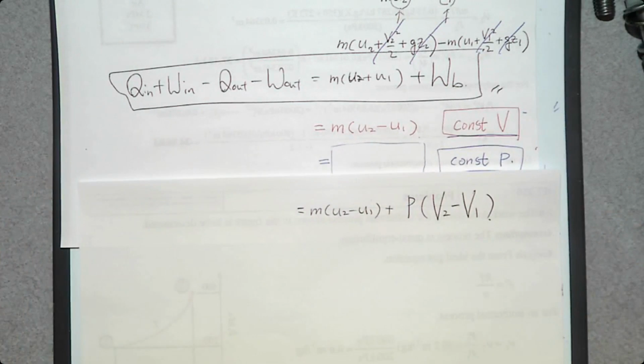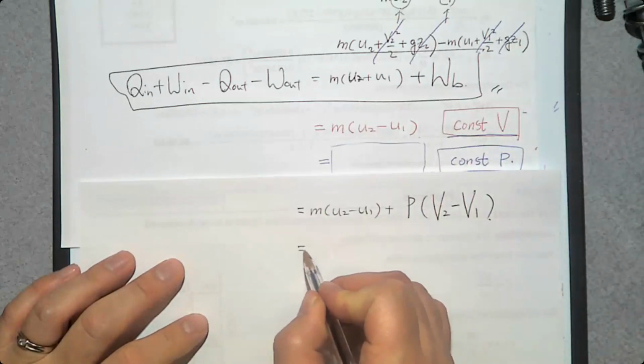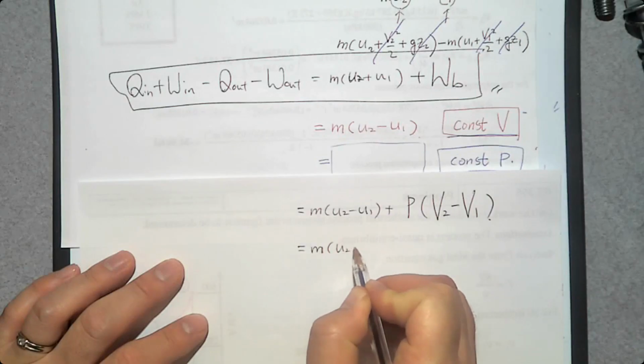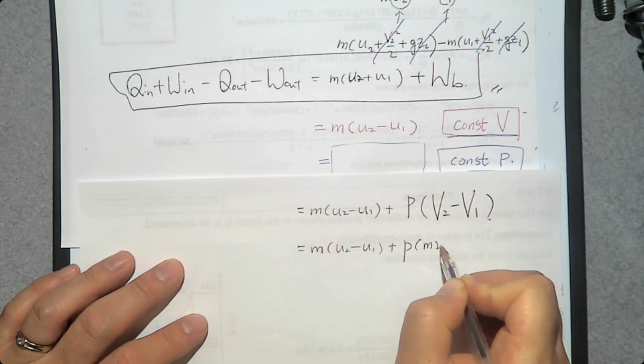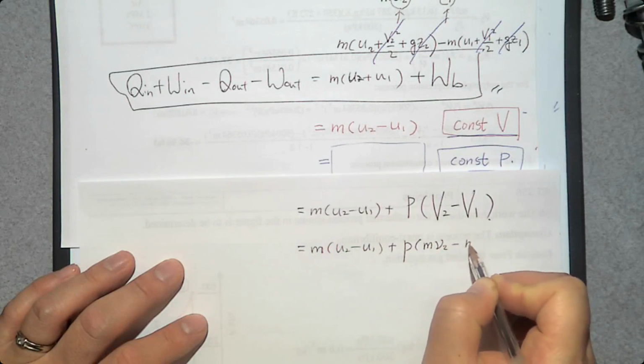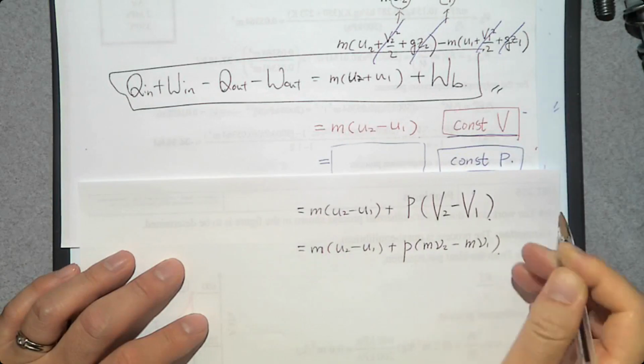Something bothers you. What is it? What bothers you here? Lowercase, lowercase, lowercase, and what do you see? Extensive properties. Whenever you see these extensive properties, what do you want to do? Take mass out of it. So mass times U2 minus U1 plus pressure P times mass times lowercase v2 minus mass times lowercase v1.